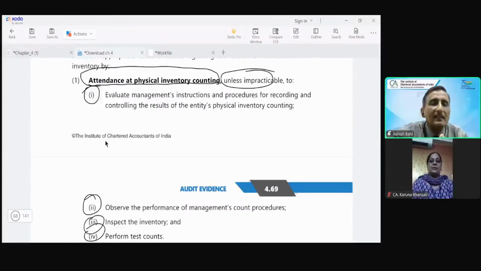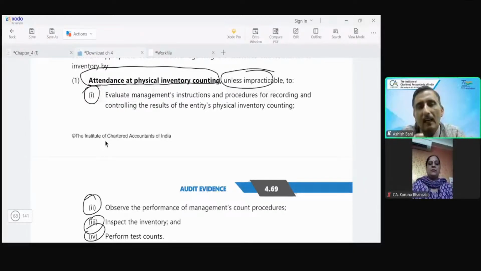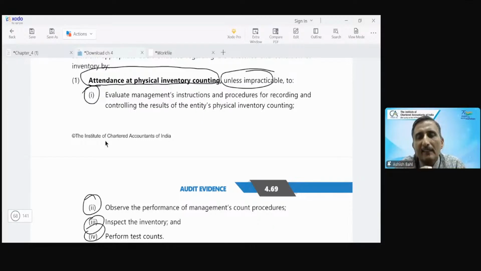First, he would assess what procedures the management has employed for carrying out the physical inventory. The process of physical counting is the responsibility of the management.